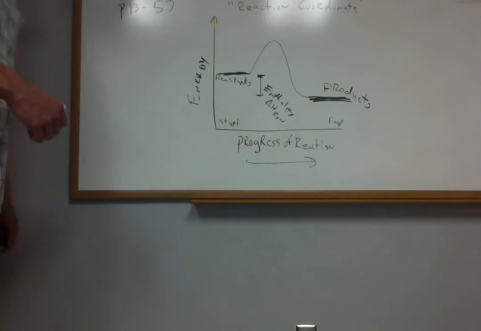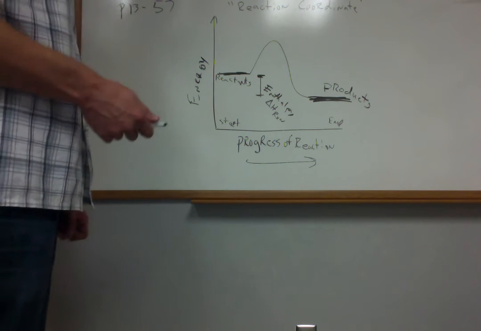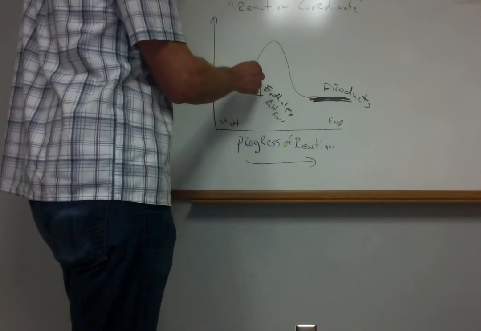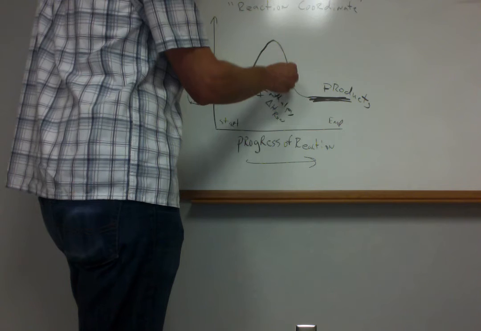Now there's one more important topic to label on this diagram, and this is going to be our EA, our activation energy. Notice this region between the two. There is drawn in this energy hump.